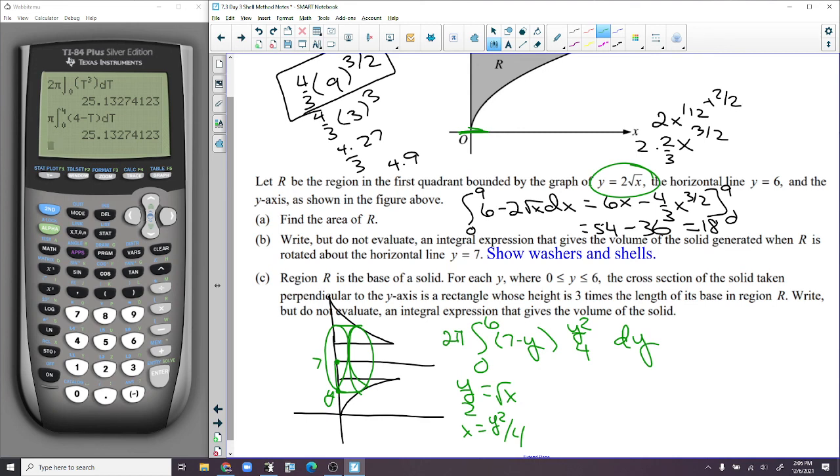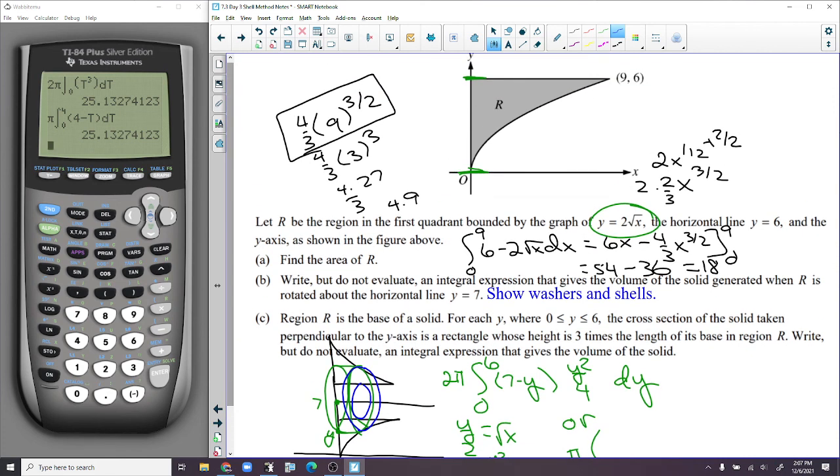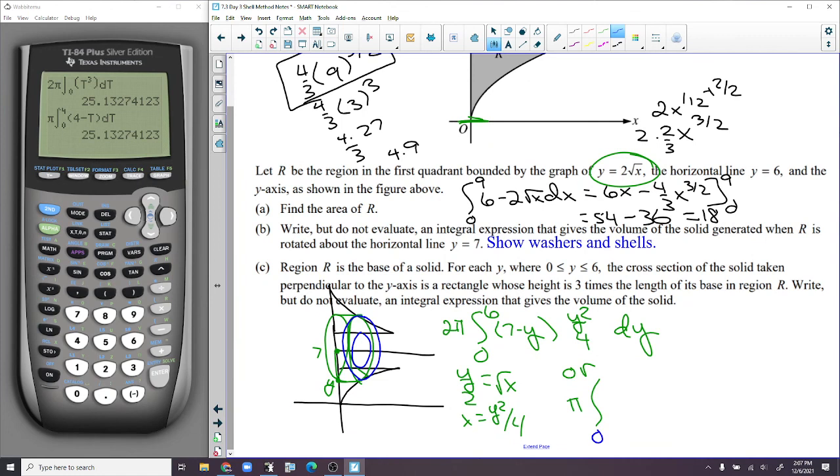But we could do this, or pi integral from, now here's the inside circle, and here's the outside circle. I know it's getting kind of messy now. There's the outside circle. That would be 0 to 9. Outside minus inside.